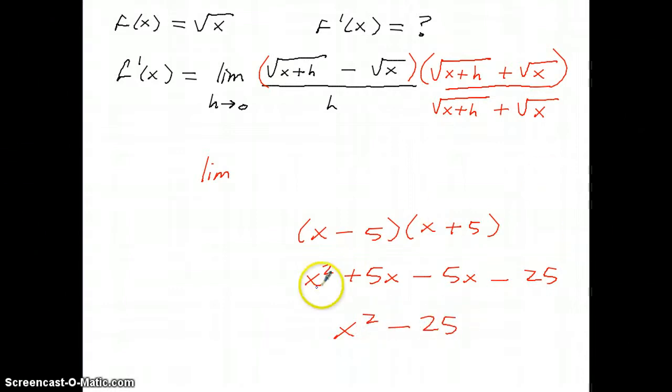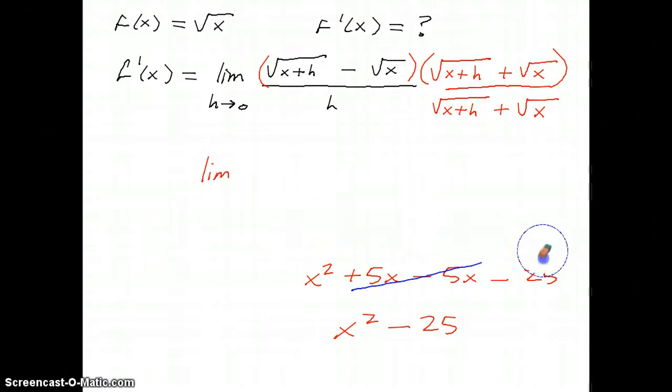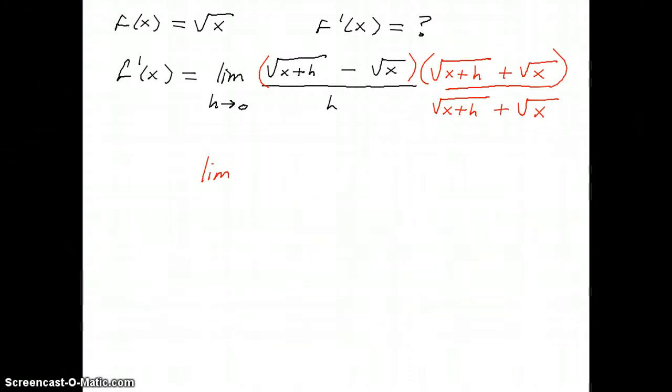And so what I'm saying here is when we have a difference of squares, we could just not even really think about that middle part and multiply the front and multiply the back, right? So that's what I want to do right here. So we have the square root of x plus h times the square root of x plus h, which is going to give us just x plus h.